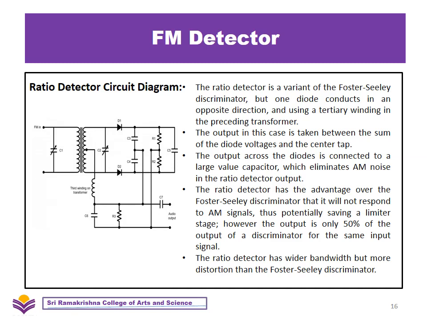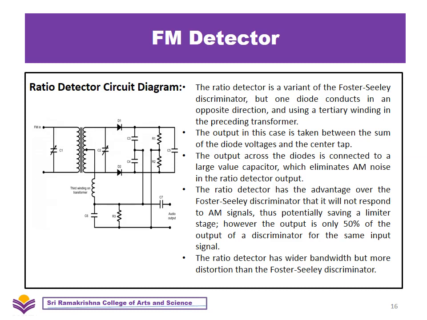The ratio detector has an advantage over the Foster-Seeley discriminator, that the response to the AM signal will be eliminated. Thus, it potentially saves 50% of the output of the discriminator for the same FM signal applied at the input terminal.